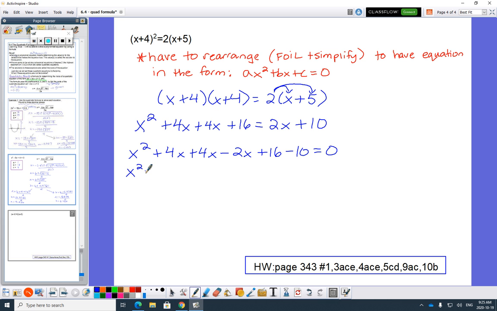So there's nothing to go with the x squared, so that's the only term there. 4 plus 4 is 8, minus 2 is 6x. 16 minus 10 is 6.